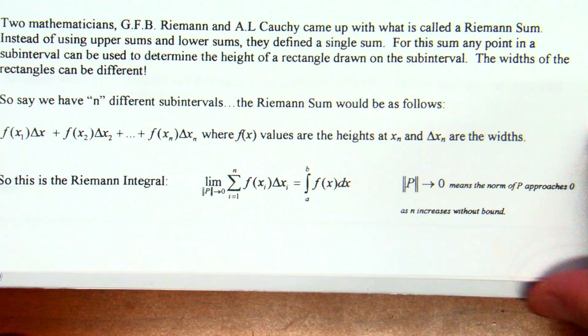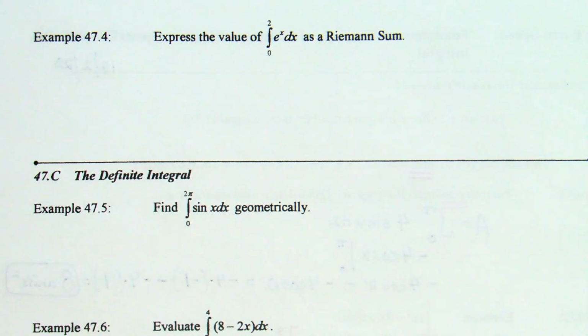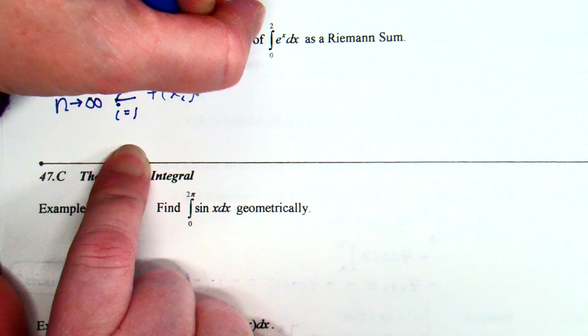We're going to look at example 4, and I'll give you some basics here. Let me write down what was on the other side, except I'm going to use the limit as n approaches infinity, summation from i equals 1 to n of f of x sub i times delta x.